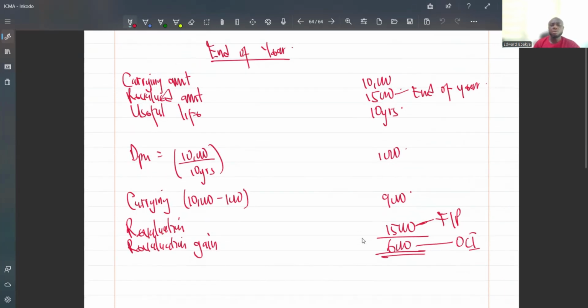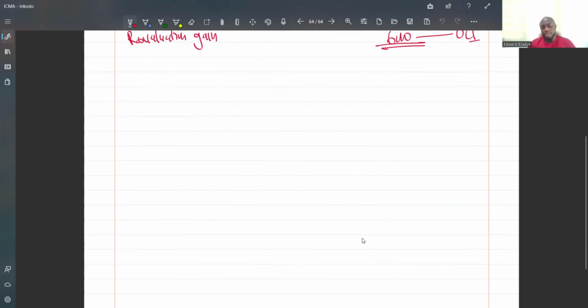Okay. So now we've gotten to know revaluation at the beginning, revaluation at the middle, and revaluation at the end of the year. Now, revaluation does not end there, right? So let's say we have a revalued amount, and at the end of the day, we got to know that there was a revaluation loss or a revaluation gain, right?